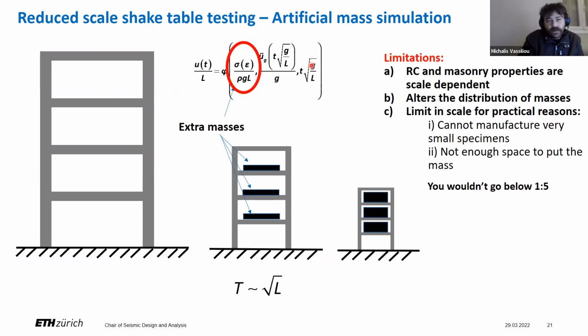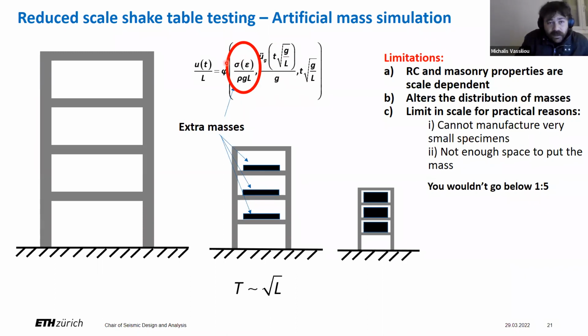So this g is constant. You reduce the length, so you also need to reduce the time scale, so you move everything faster at a higher frequency. This g is constant, then the ground acceleration should also be constant, but you need to scale in time your ground motion.